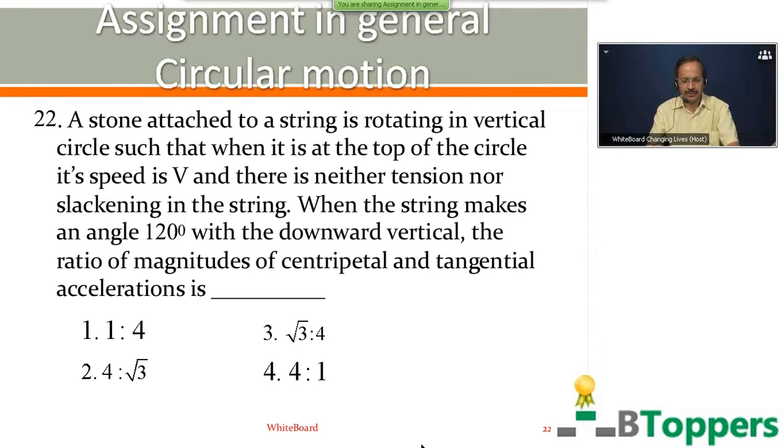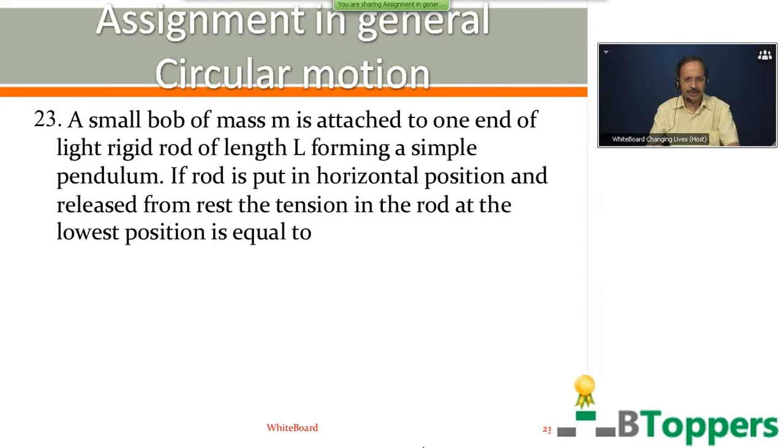So I am going to show you the next question on screen. See the question number 23. A small bob of mass small m is attached to one end of a light rigid rod of length L, forming a simple pendulum. The rod is put in horizontal position and released from rest. The tension of the rod at the lowest position is equal to.